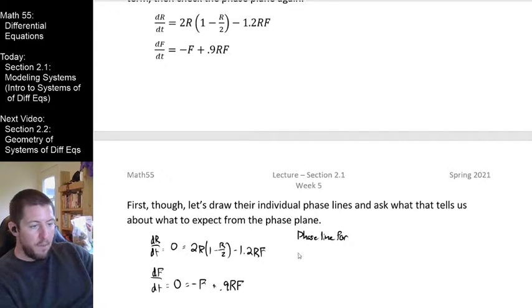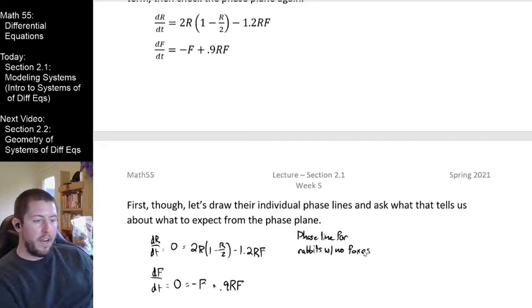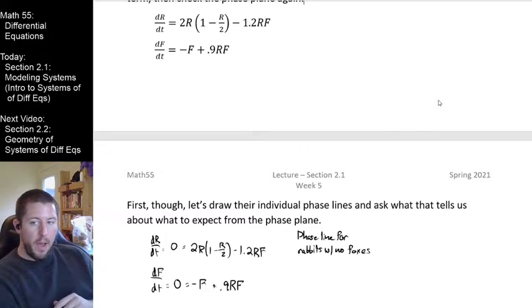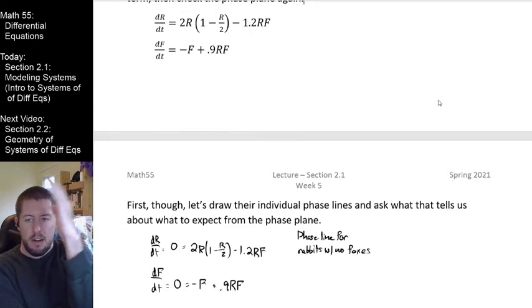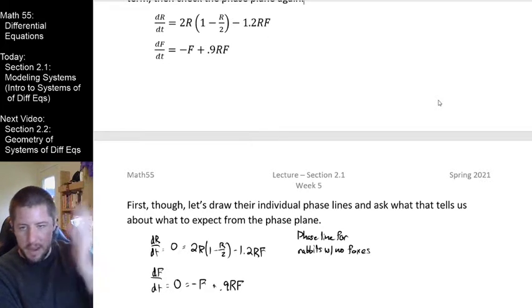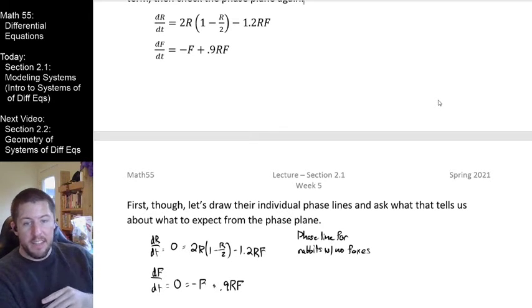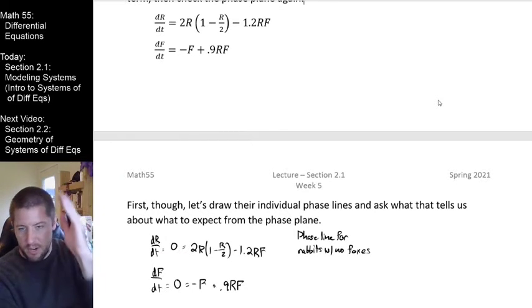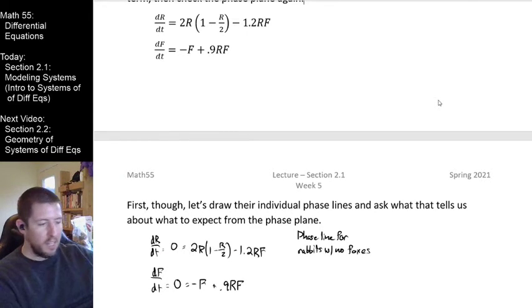The phase line for rabbits with no foxes. We're doing the simplest version right here. A thing I'm remembering, by the way, is that in our 2D grapher over there, our rabbits were on the x-axis and our foxes were on the y-axis. I just named them x and y. So since I'm about to draw the phase line for rabbits, I'm going to draw the phase line horizontally instead of vertically, because that's about to be an axis on a graph, right?